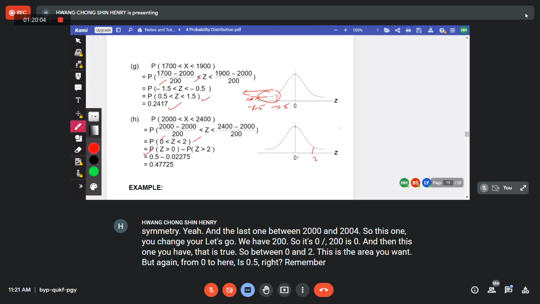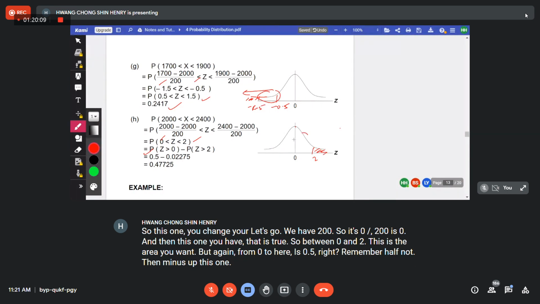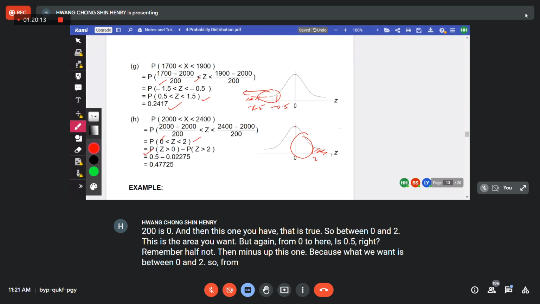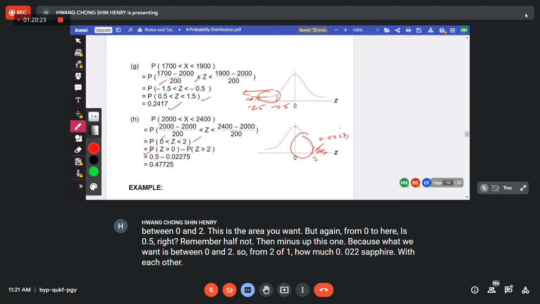Remember, half mark. Then you minus out this one, because what we want is between 0 and 2. So from 2, offset 1, how much? 0.02275, right? Everybody check out. So half minus this, then you get the balance between 0 and 2.